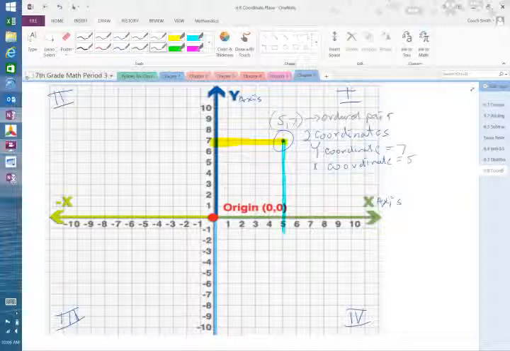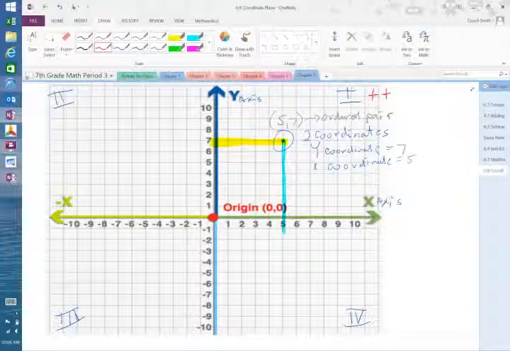They go in order, the x-coordinate and the y-coordinate. You always put the x-coordinate first, the y-coordinate always goes second. So in this quadrant, your coordinates are always going to be positive and positive. Both the x-coordinate and the y-coordinate will both be positive in this quadrant.